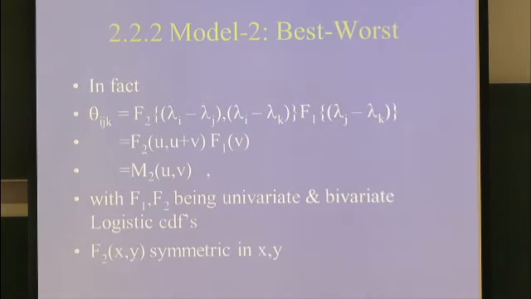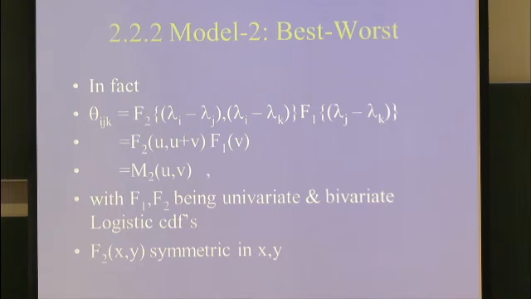Well, following the same idea as before, this suggests that a general form of model would be that theta ijk is a joint distribution function F2 with arguments now lambda i minus lambda j, and still lambda i minus lambda k, then we have lambda j minus lambda k in the argument of a marginal distribution.